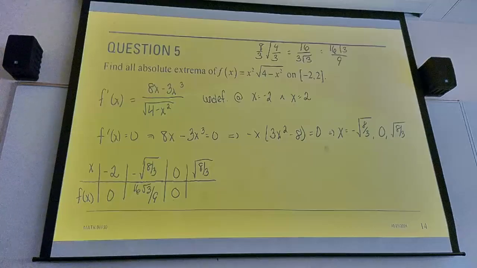Square root of 9. 16 root 3 over 9. Squaring makes the negative irrelevant. And the last point is 2. What is f of 2? 0.